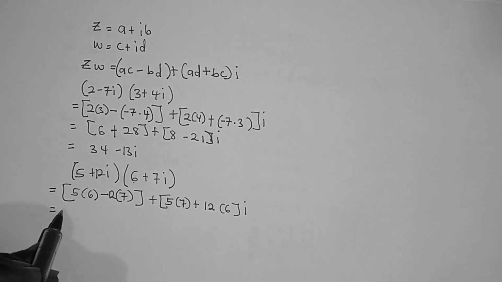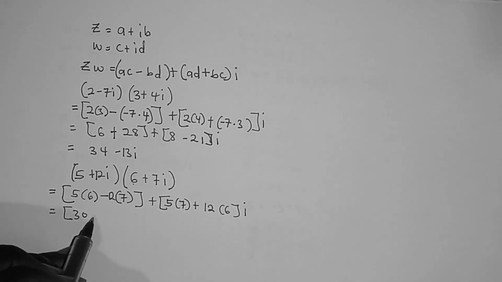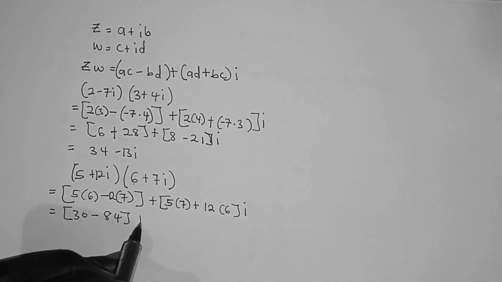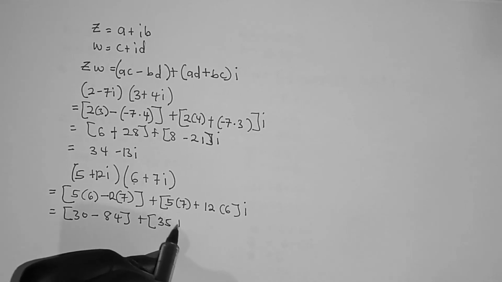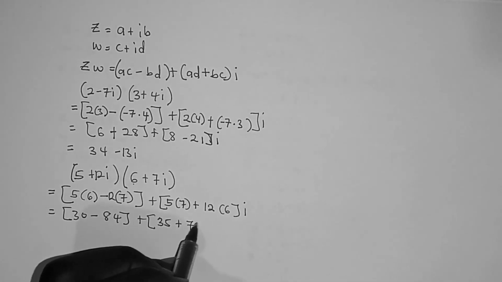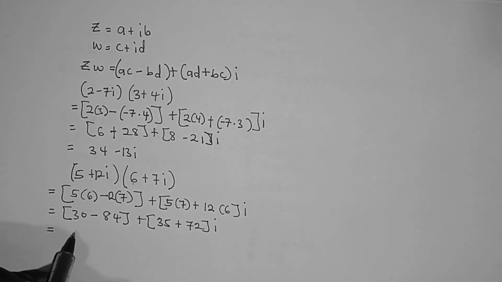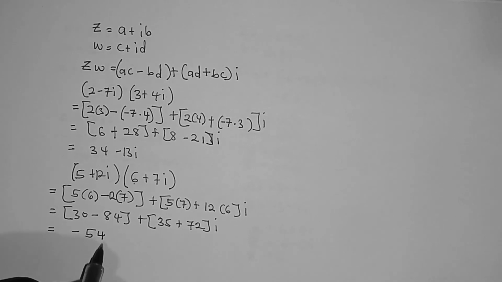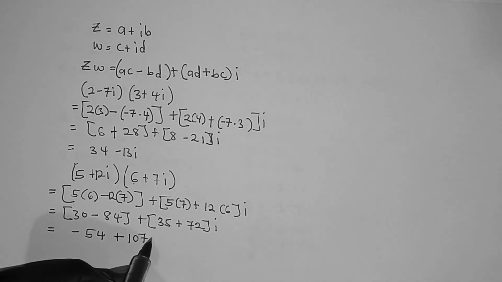So 5 times 6 is 30, minus 12 times 7 is 84, and plus 5 times 7 is 35, plus 12 times 6 is 72, i. 30 minus 84 is minus 54, and then plus 35 plus 72 is 107, so 107i.